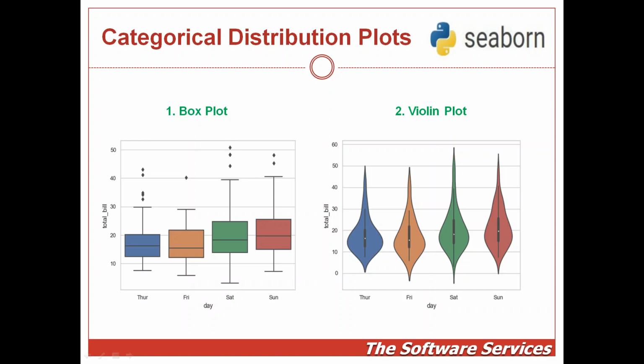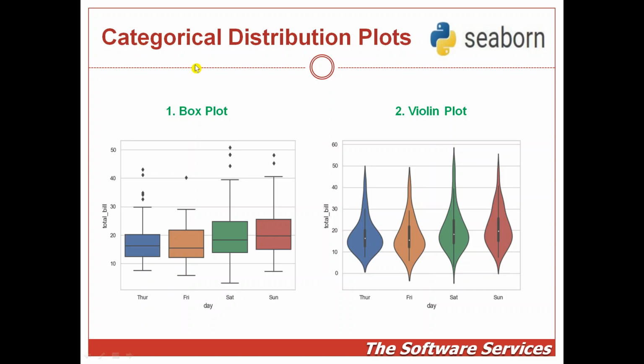So, in the last class, we had completed the categorical scatter plots, friends, and in this class, we will discuss the other classification of categorical plots, that is called distribution plots. Categorical distribution plots.